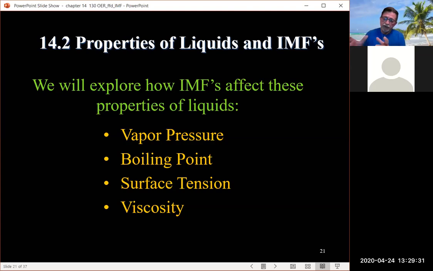Now, how can I make that honey flow a little bit more? I add heat. If I heat up that honey, it's going to flow quicker, because that heat is breaking up the intermolecular forces of the molecules, separating them. So now the honey molecules are able to flow much easier. Okay.